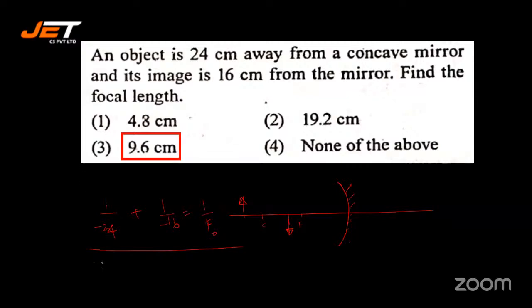Okay, I'll just change the color, students. Just give me a second. So I've got 1 by F is equal to 1 by U plus 1 by V. U is minus 24, V is minus 16.